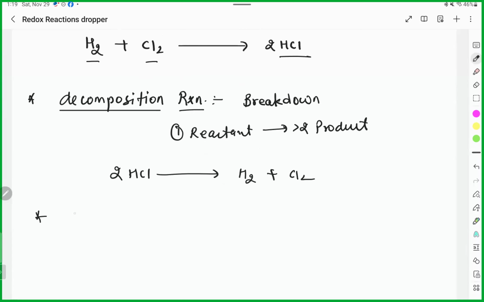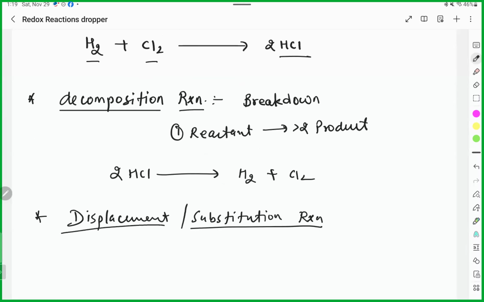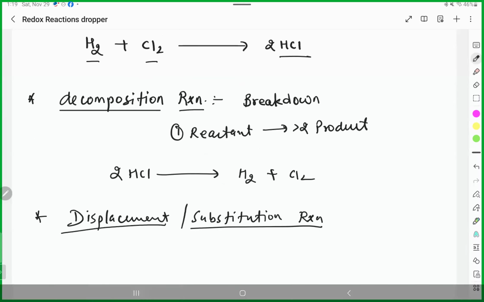Third is displacement reaction, also known as substitution reaction, where one element displaces another. The best example is this.